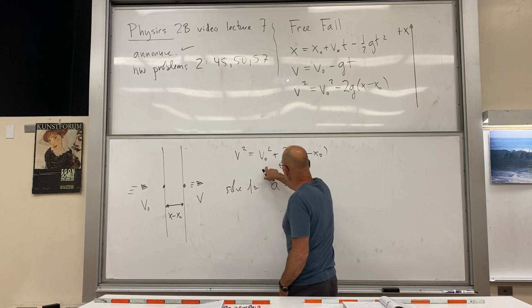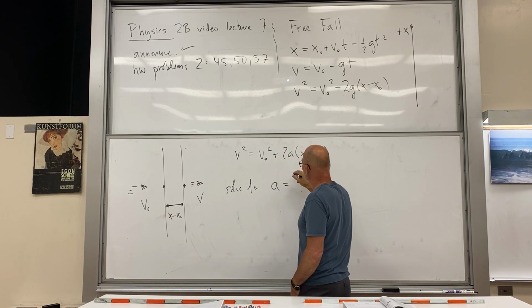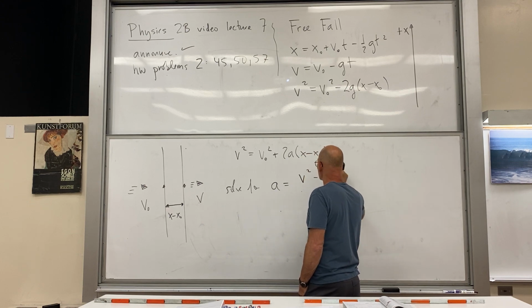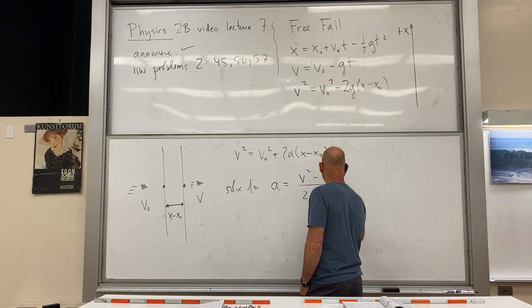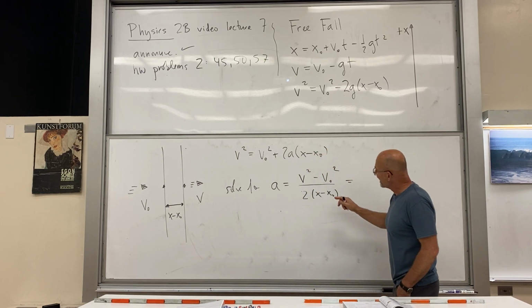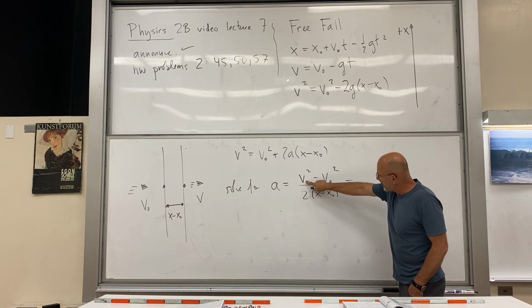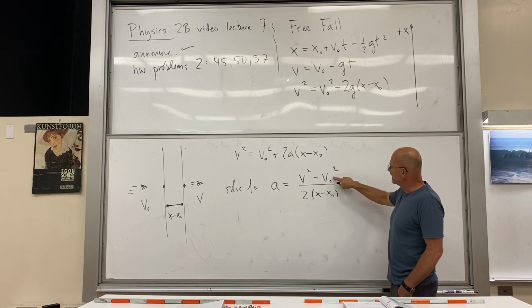So the acceleration, solving this here, is going to be v squared minus v0 squared divided by 2 times x minus x0. And now you have the final speed minus the initial speed, both of them squared.